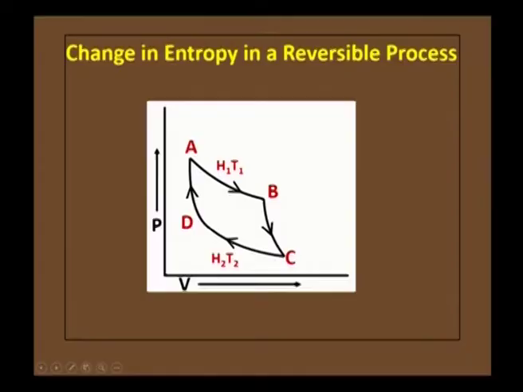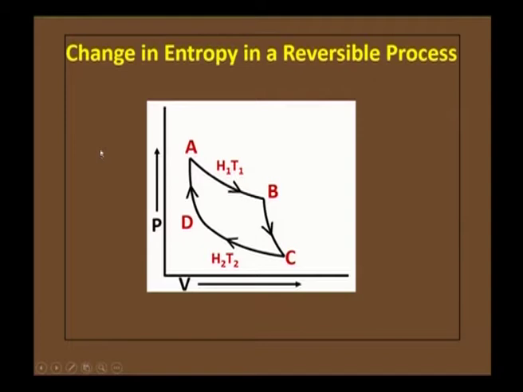The first lecture is on change in entropy in a reversible process. This is a graphical representation of a PV indicator diagram where ABCD is a Carnot cycle. We are going to discuss the change in entropy in a reversible process.